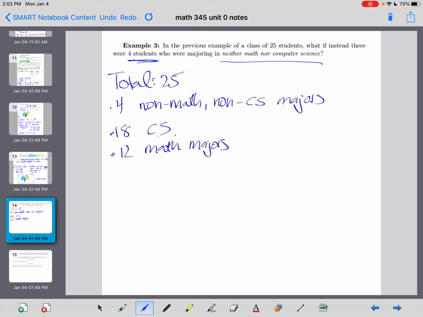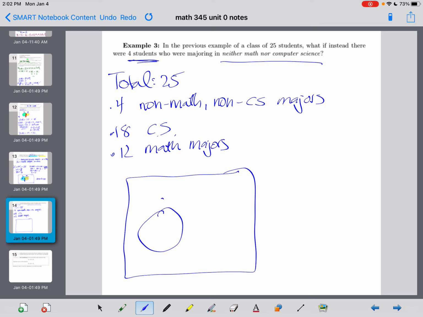This is gonna change things now, right? Because I know that in this Venn diagram, in the end, here's my computer science majors, here's my math majors. There's 4 students that are sort of outside here in the box, right? Here's our entire class. There's 4 students who are neither math nor computer science.